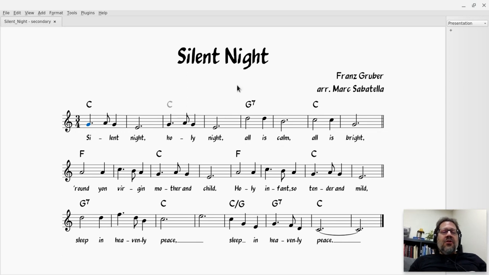So I'm going to start here by just having MuseScore play Silent Night for you using the basic chords that we normally hear with this song. There's nothing but a 1 chord, C, a 4 chord, F, and a 5 chord, G7. So let's hear that.